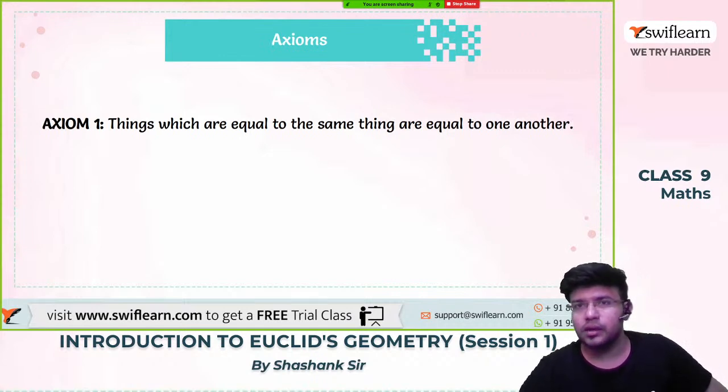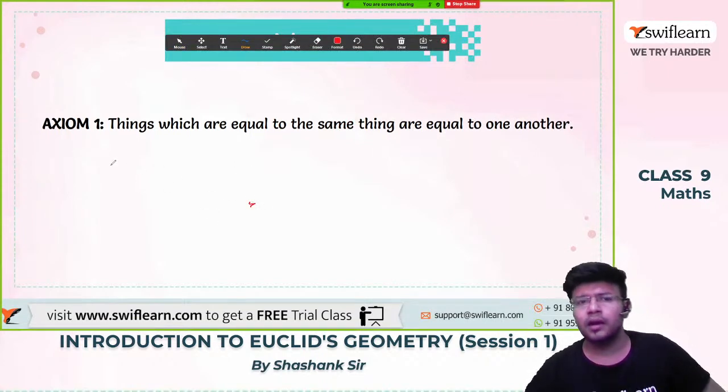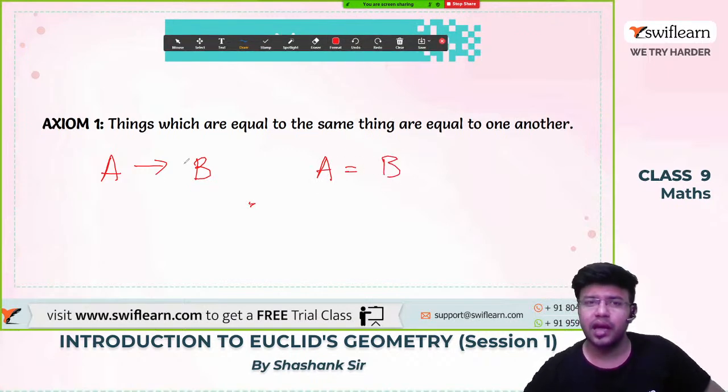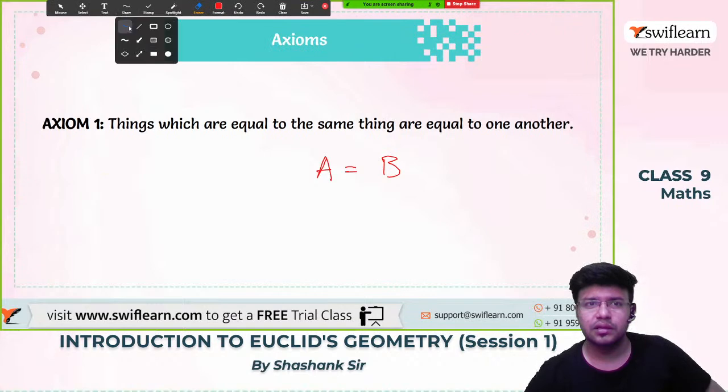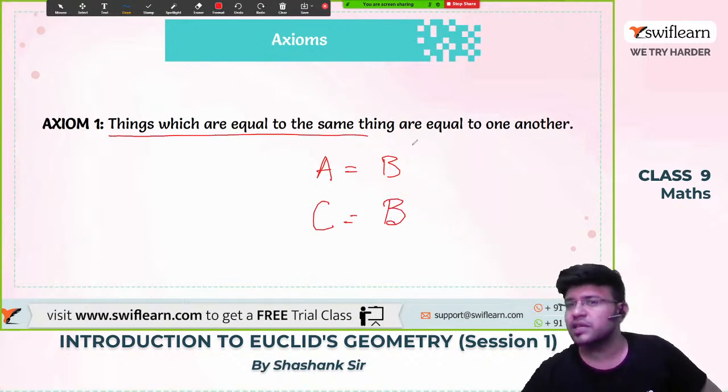For example, suppose A is equal to B, and also C is equal to B. Things which are equal to the same thing: A is equal to B, C is also equal to B. What does this imply?